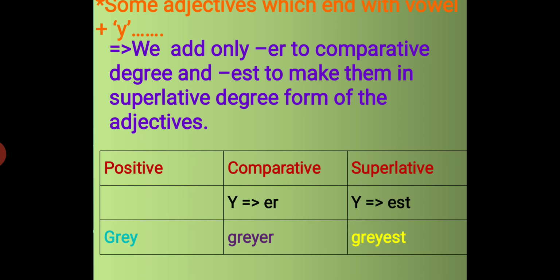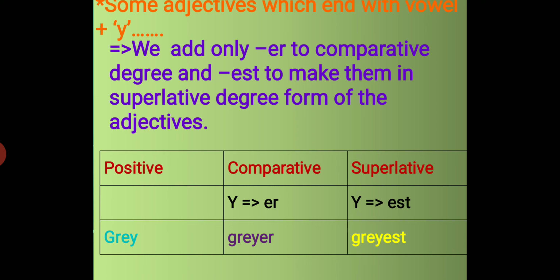Positive, comparative, superlative, these three kinds of degrees, and as per our basic rule, Y before vowel, then we add only ER, and if it ends with Y and before Y is a vowel, then we add EST for making the superlative form of the degree.